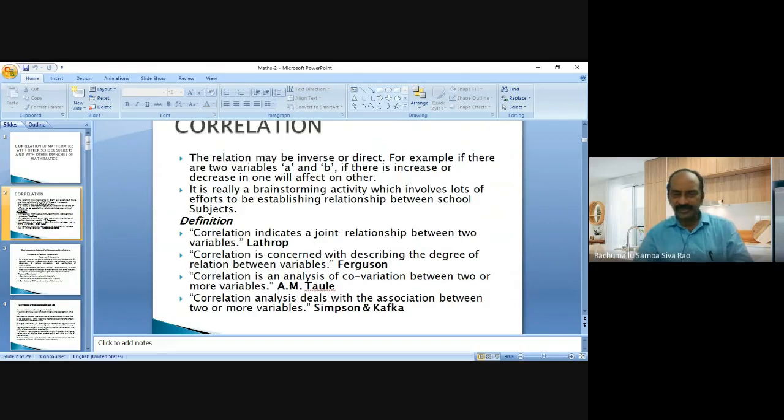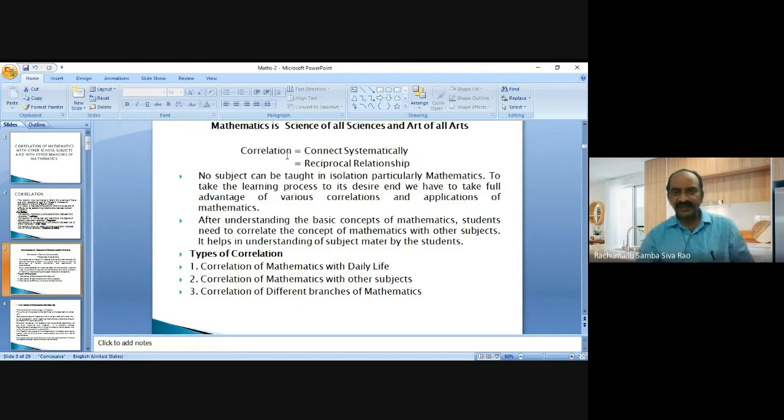So we discussed these relations. Similarly, it is a brainstorming activity which involves lots of effort to establish a relation between school subjects, like establishing a relation between A and B. In that aspect, correlation is defined as connecting systematically, or a reciprocal relationship.